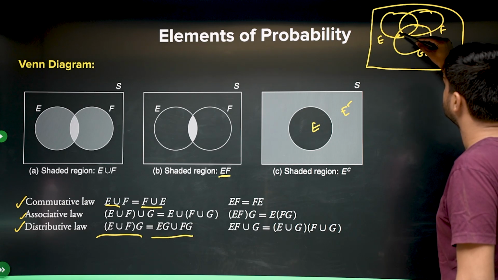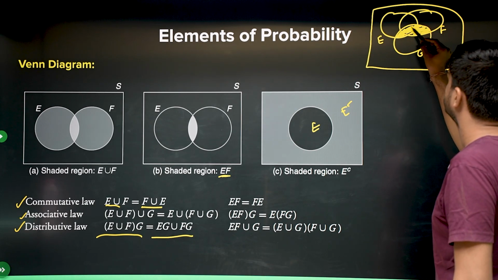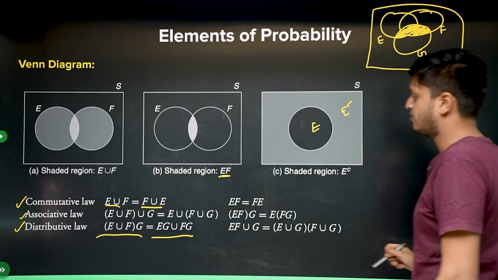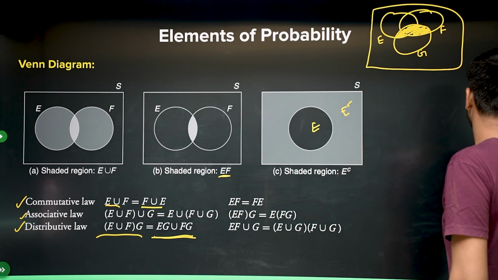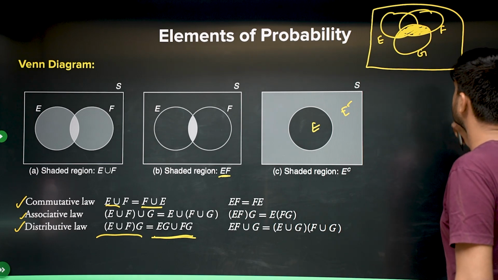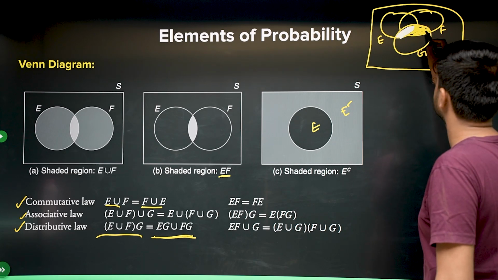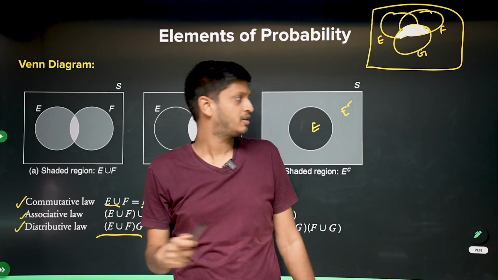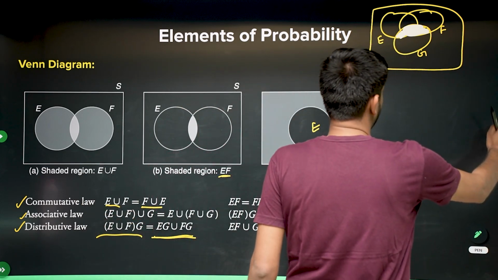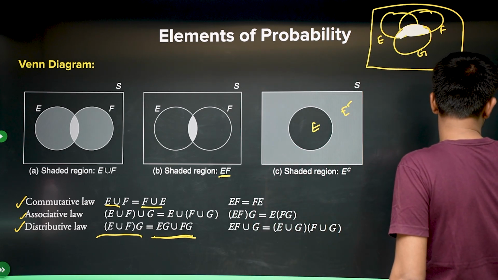So this area is in E union F and it intersects with G as well. And what is the RHS? RHS is E intersection G union F intersection G. E intersection G is this area and F intersection G is this area, and their union is the same area. So the distributive law also holds in set theory and in probability.